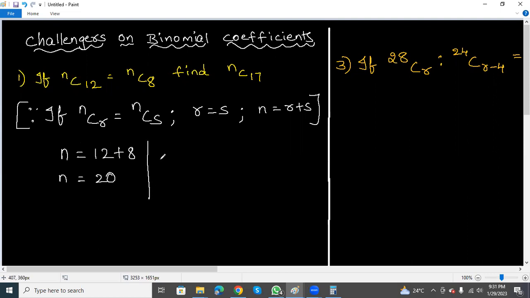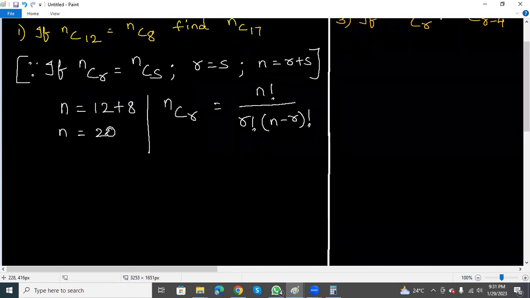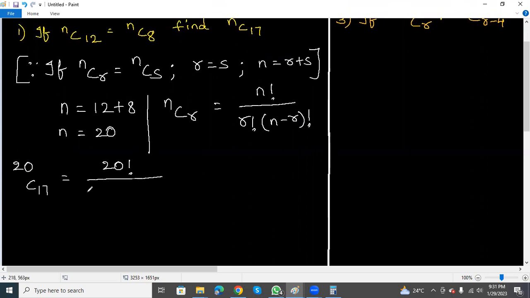For finding 20C17, we need to apply the general formula of combinations: nCr is equal to n factorial divided by r factorial into n minus r factorial. Now n value is 20, so 20C17 is equal to 20 factorial divided by 17 factorial into 20 minus 17 factorial.